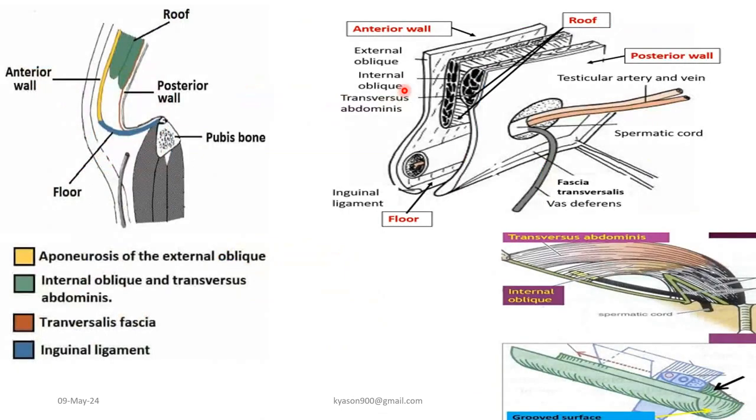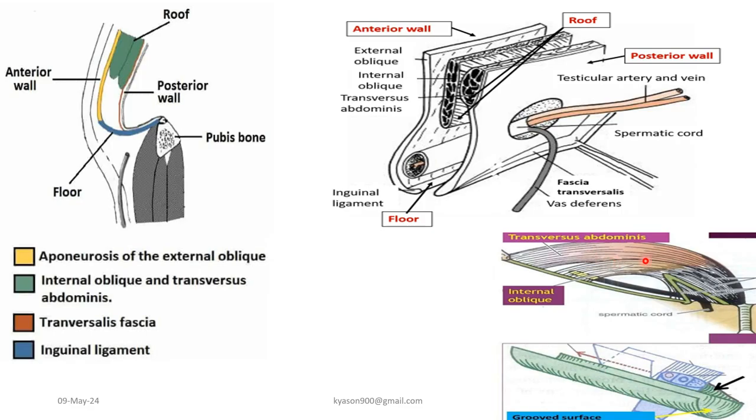So once again, anteriorly, we have the external oblique aponeurosis and some part of the internal oblique fibers. The floor is formed by the inguinal ligament, that curved surface of the inguinal ligament. The roof is formed by those arcing fibers of the conjoint tendon.